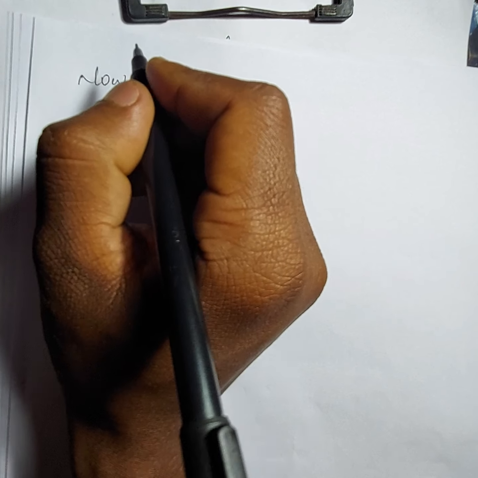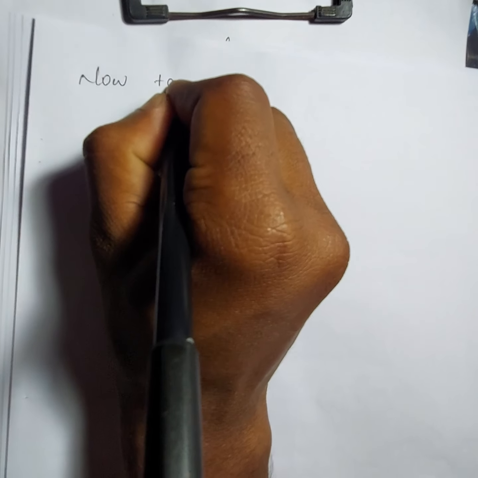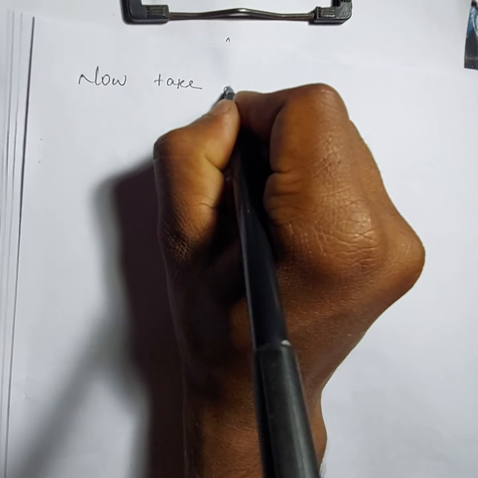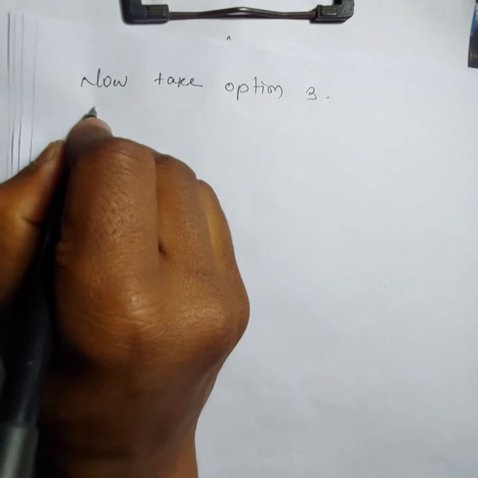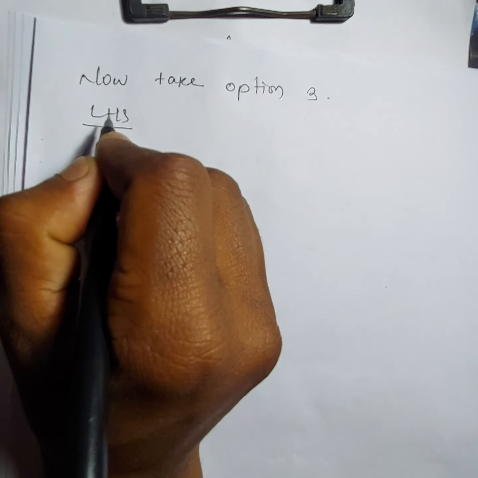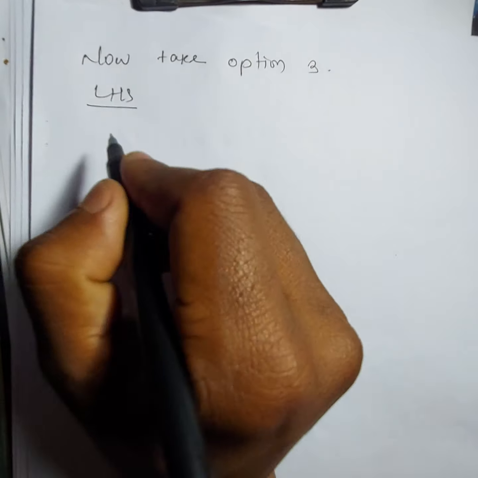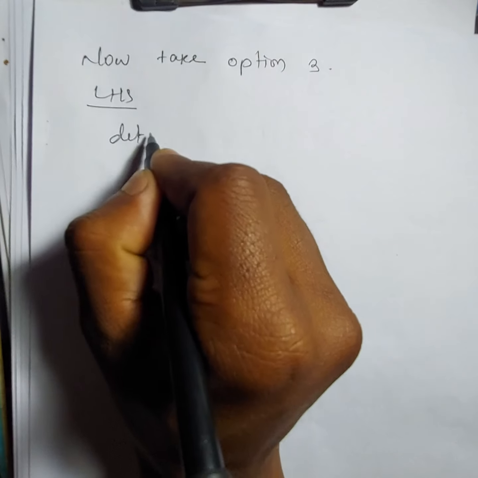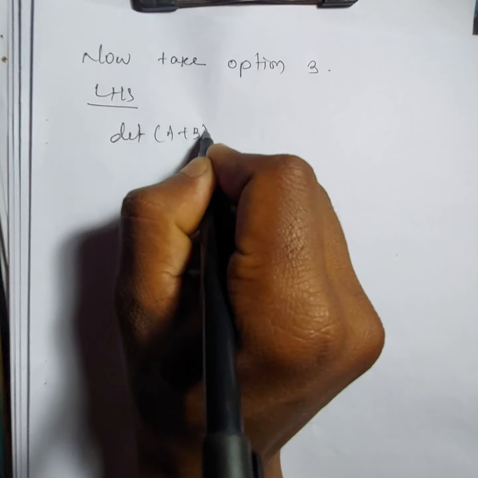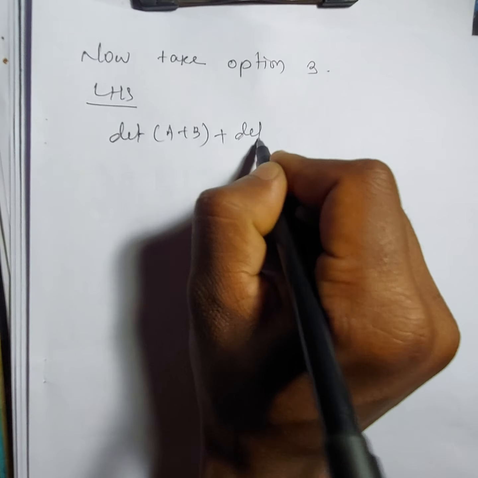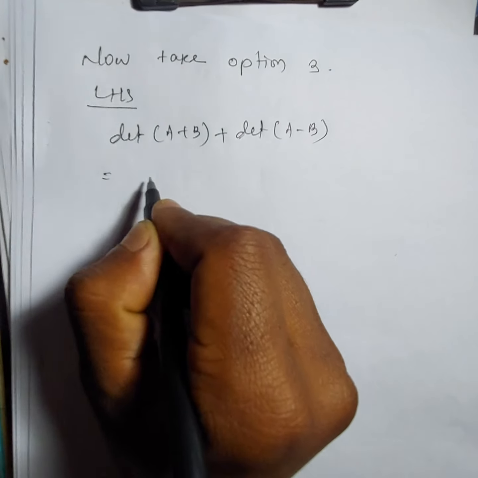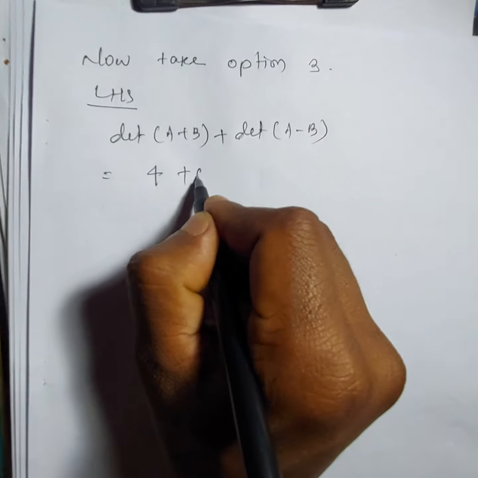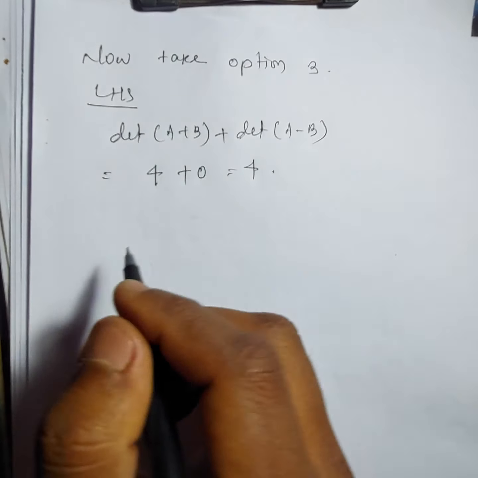Now take option 3. LHS: determinant of A plus B plus determinant of A minus B, this is equal to 4 plus 0 is equal to 4.